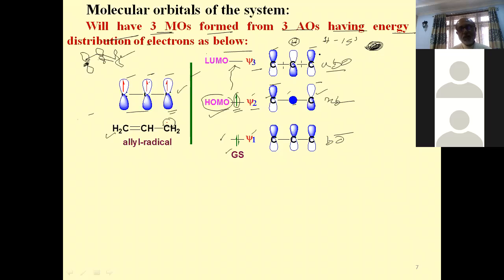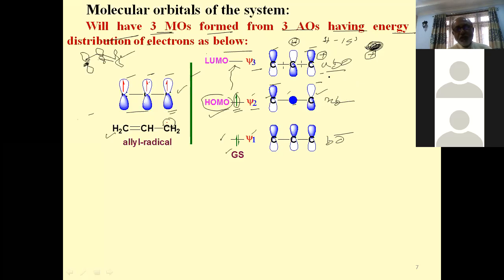If I consider this positive, then this is negative. This one, if I give shade, is the same phase as this one, so if I give it as positive, I have to write positive here also. Once we write positive and negative, it looks like a charge, but they are not charges, they are phases. All right.